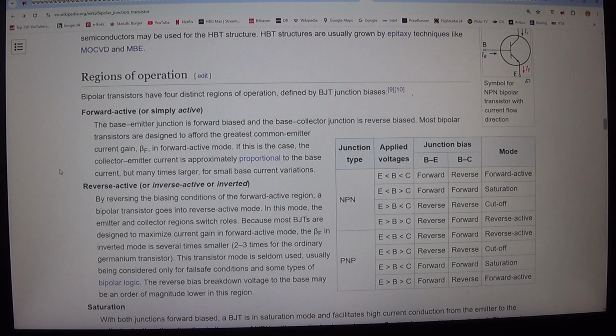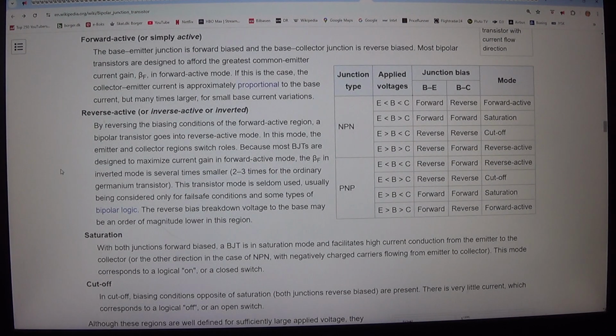Reverse active, or inverse active or inverted. By reversing the biasing conditions of the forward active region, a bipolar transistor goes into reverse active mode. In this mode, the emitter and collector regions switch roles.